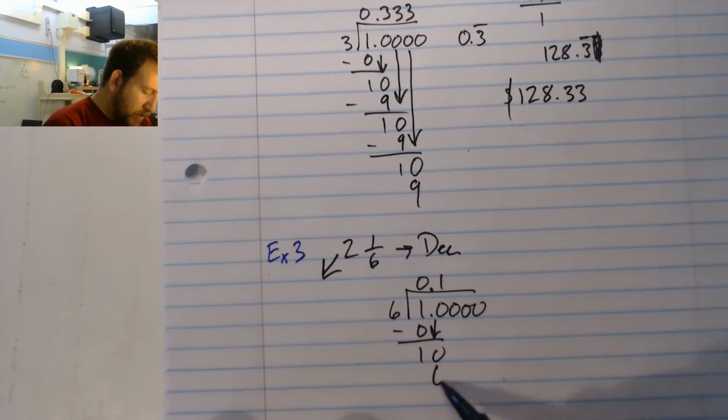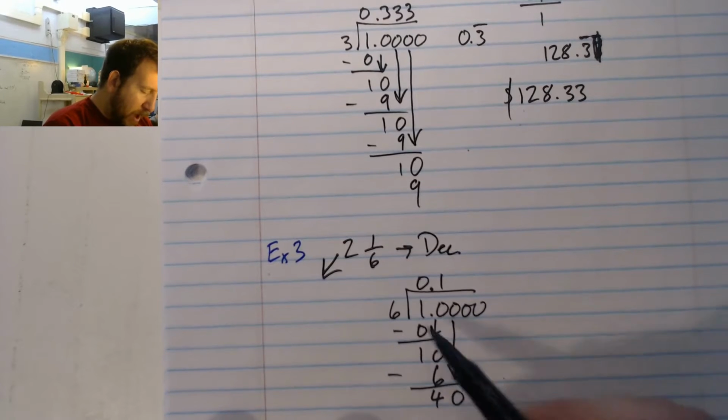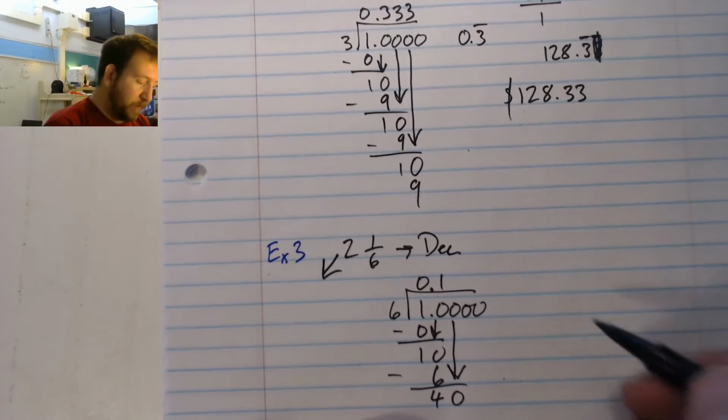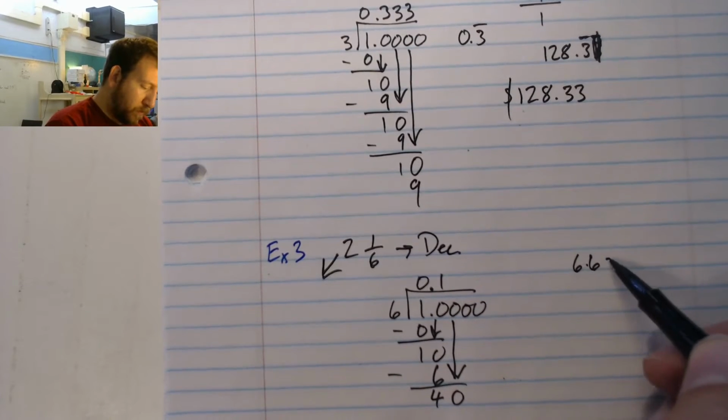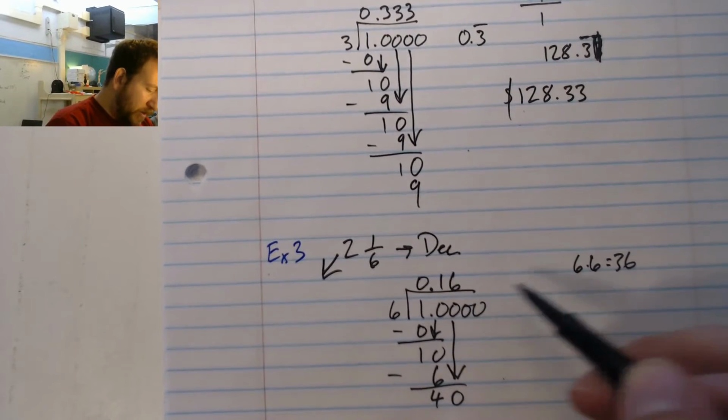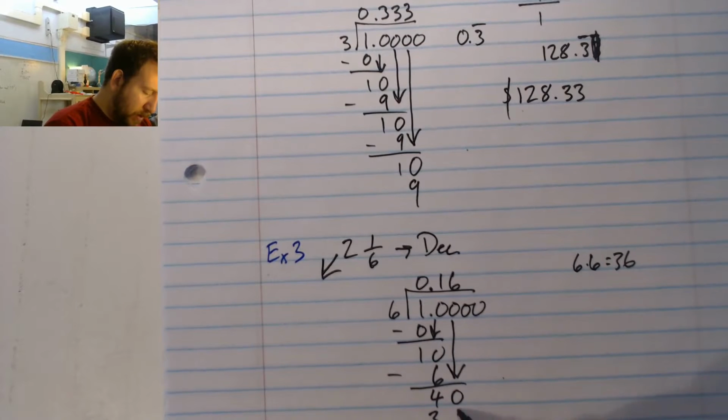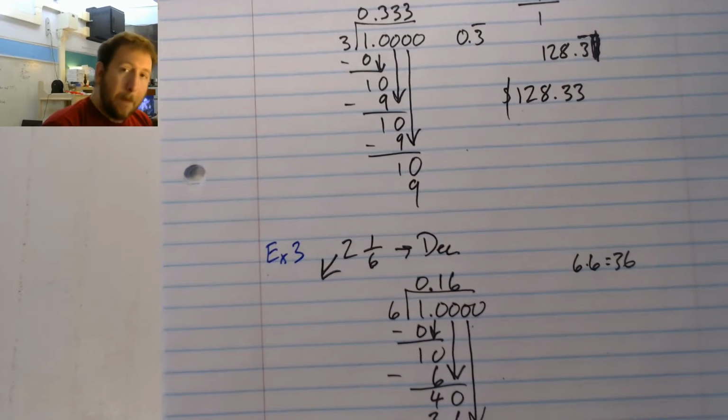6 times 1 is 6. Subtract. I have 4. Bring down a 0. I have 40. How many 6s in 40? Well, 6 times 6 is 36. So I'm going to put a 6. Subtract. And I have 4. Bring down another 0. I have 40.